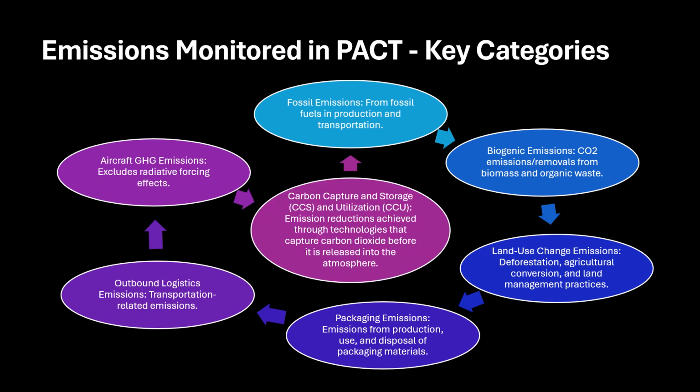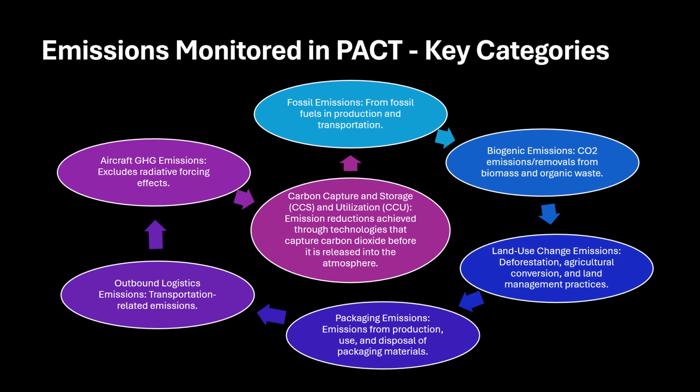Finally, we have carbon capture and storage, CCS, and carbon capture and utilization, CCU. This category tracks emissions reductions achieved through technologies that capture carbon dioxide before it is released into the atmosphere.